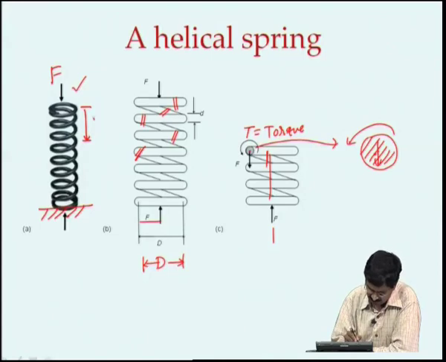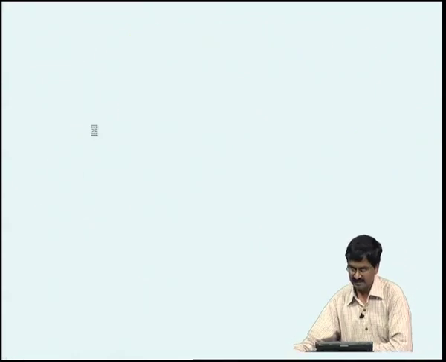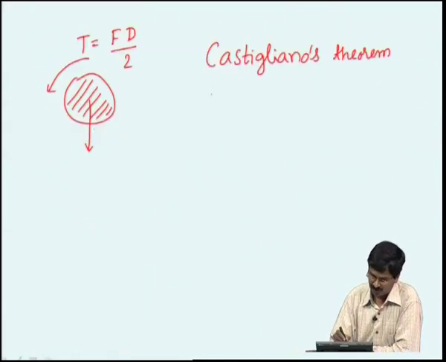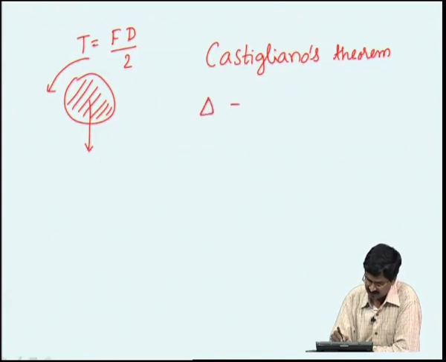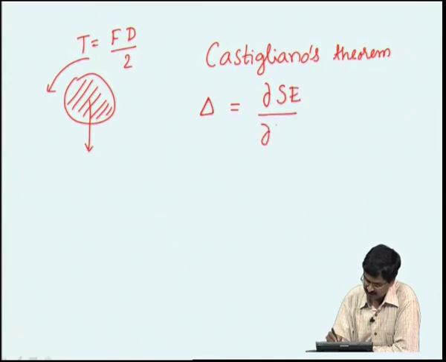If I want to know this deflection, we will write the strain energy of this whole spring and take the derivative. So, to find that delta of this spring, I will take the partial derivative of the strain energy of this spring with respect to the force.